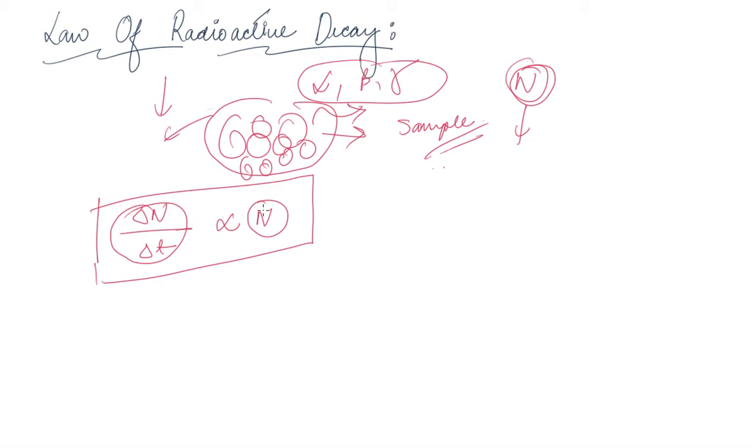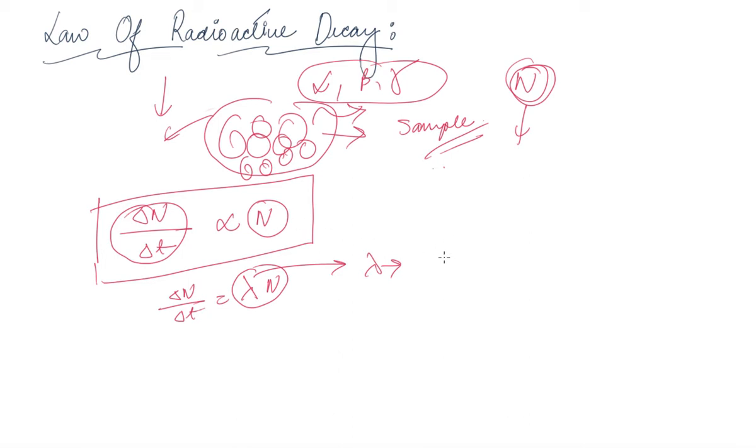So now we know that del N upon del t is proportional to N. So in a way we can say del N upon del t is equal to lambda into N. We are using a proportionality constant, and this proportionality constant is called the radioactive decay constant.